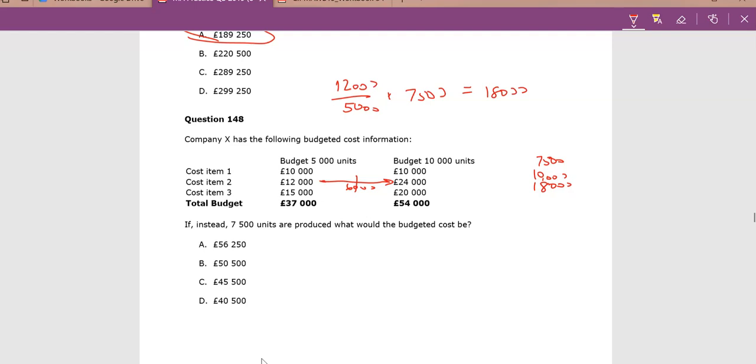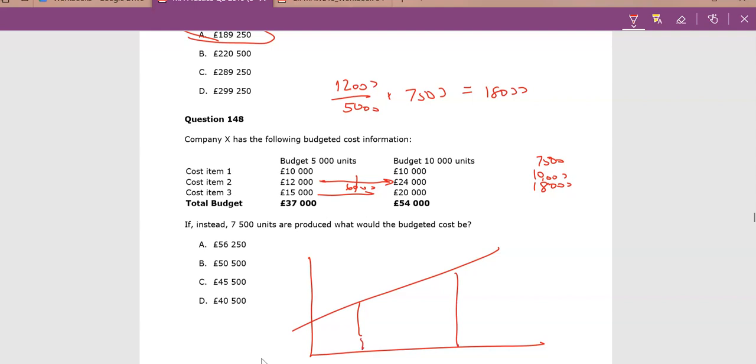The issue, of course, is the semi-variable cost here with cost item 3 that you have to focus on. And again, pretty much drag that along. And you have your 5,000 items here, and you have your 10,000 items here. You have a cost of 15,000 here, and you have a cost of 20,000. So what are we looking at?